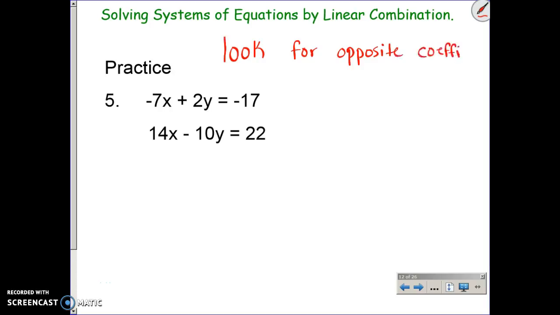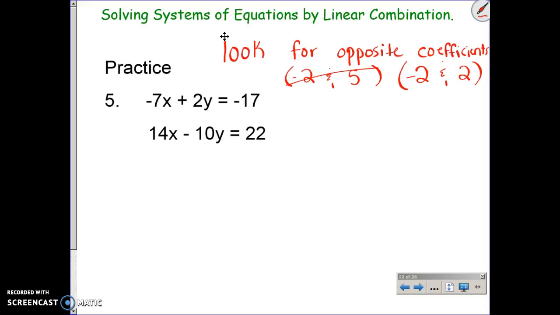And I need to clarify that by saying it needs to be the same number. So I can't have -2 and +5. Yes, they are opposites, but they're not the same number. I need -2 and +2. So the ones we do today are gonna be a little bit more work because they are not ready-made for us. They don't look all nice and pretty and ready to go.